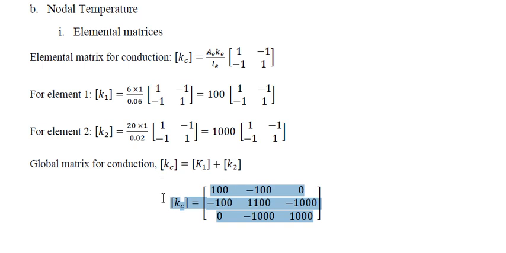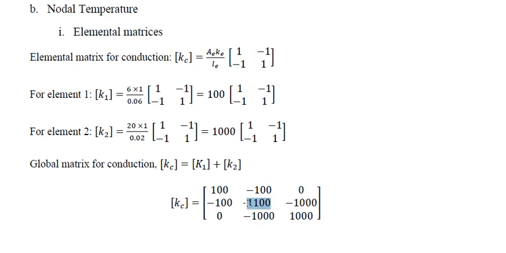Depending on the degrees of freedom, the matrix size will be different. Only the term common in degrees of freedom will be added. The first four terms belong to element 1, and the next four terms belong to element 2.